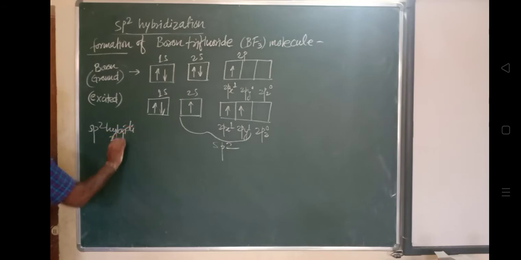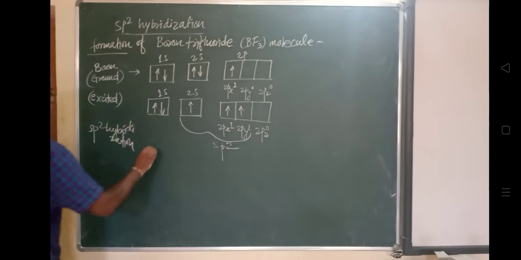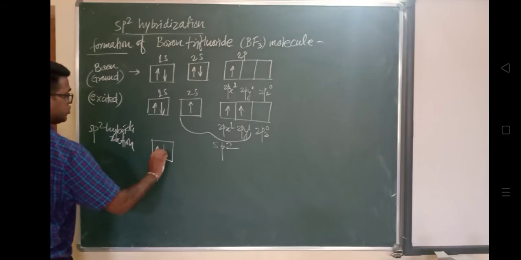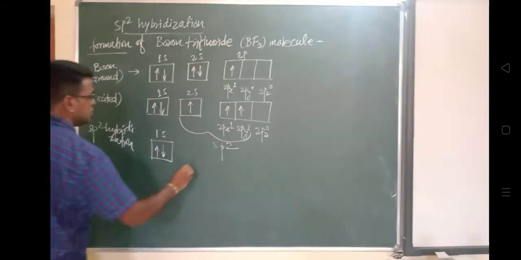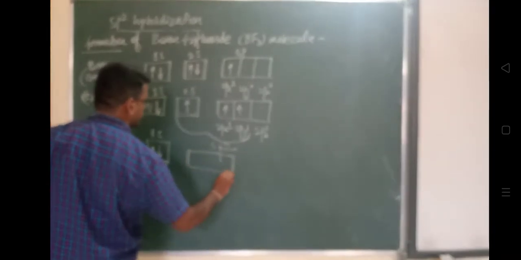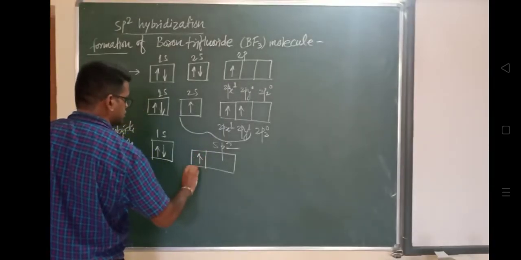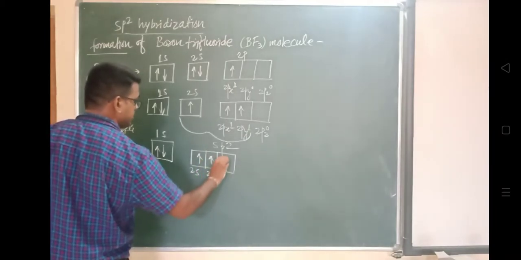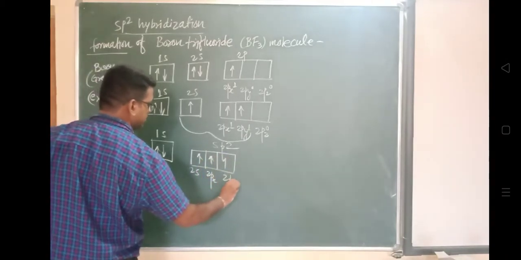Fluorine has atomic number 9, as you must know, from which we can draw it. For fluorine it is 9.